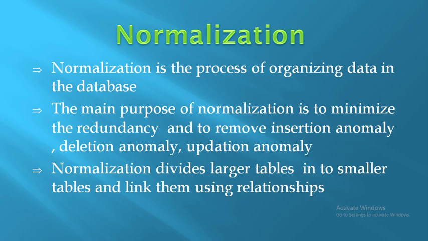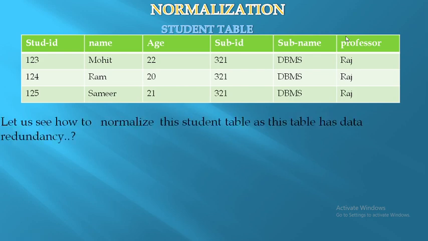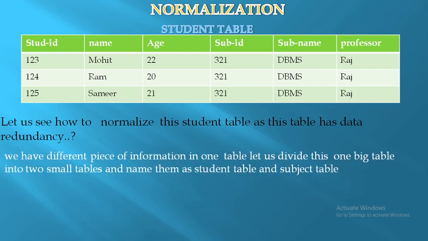Let us understand normalization with the help of this student table. As we can see, in this student table we have student ID, student name, age, subject ID, subject name, and professor. Let us see how to normalize this student table, as this student table has data redundancy. We have different pieces of information in one table. Let us divide this one big table into two small tables and name them as student table and subject table.